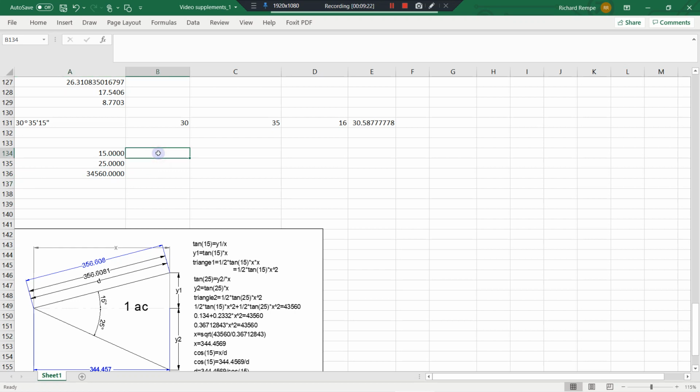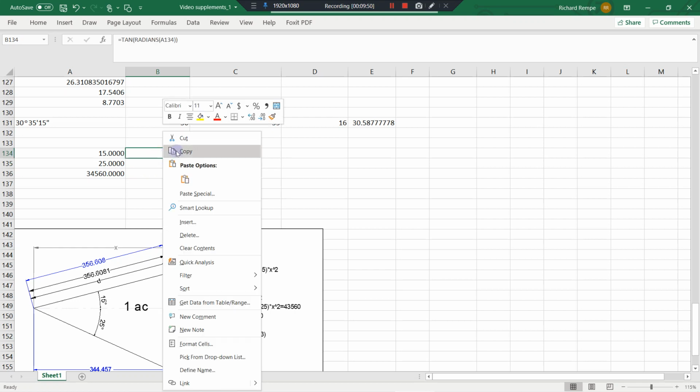Then you could say tangent radians 15. And then what we had there, tan radians. Enter, that's good enough. Copy, paste.